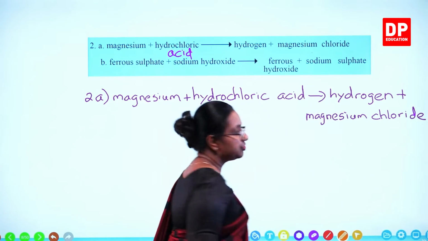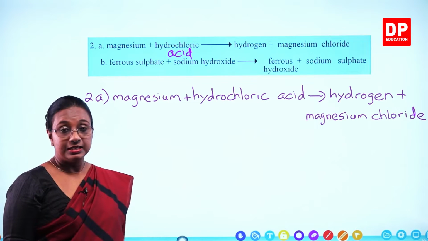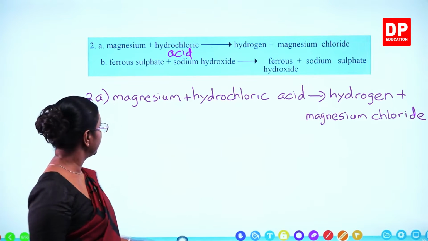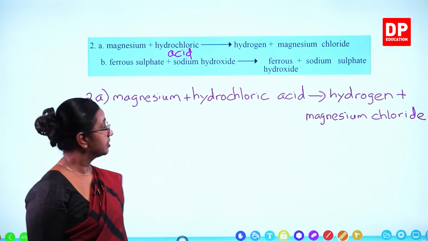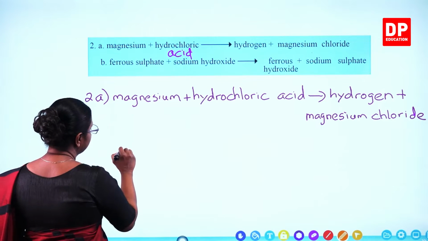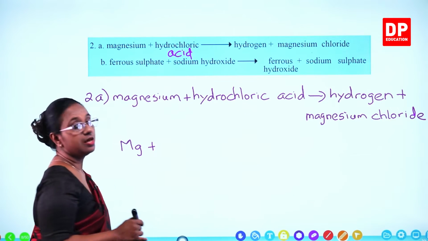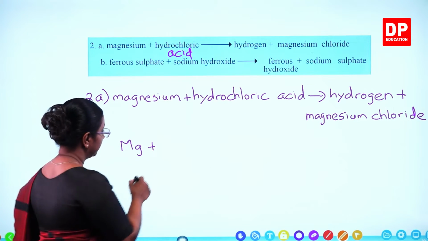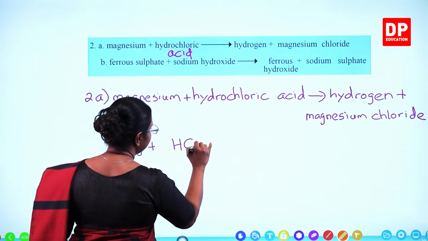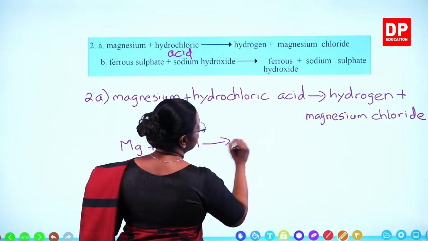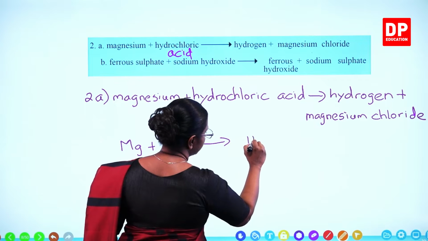So what do we need to do? We need to write the symbols or the chemical formulae for the reactants and products. So magnesium symbol Mg, hydrochloric acid, what is it? HCl, you are familiar with that. HCl gives rise to hydrogen, that is H2.